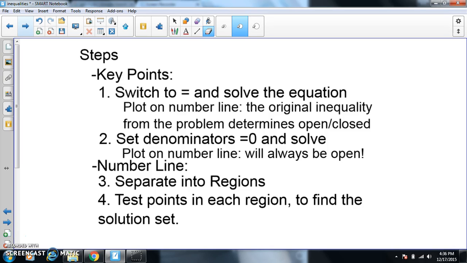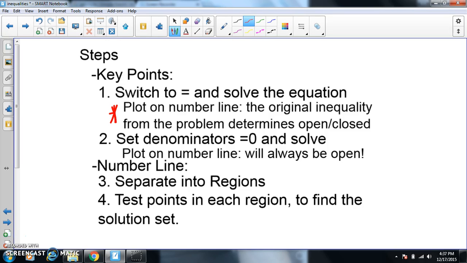And to find our key points, we need to first switch our inequality to an equal sign and solve the equation, just like we were doing before when we were solving rational equations. Once we get our solutions to the equation, we are going to plot them on a number line.